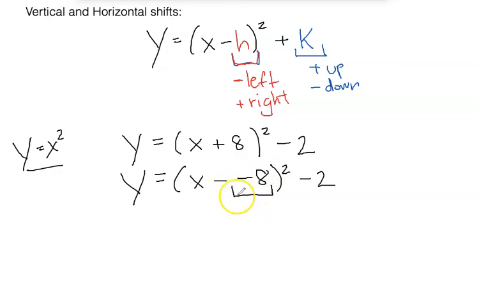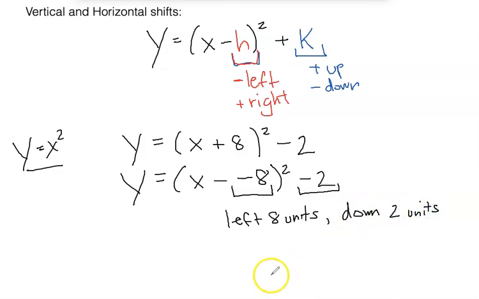Because it's negative, that tells us we are going to go left 8 units. And this -2 tells us that we're also going down 2 units. And that is how we can identify vertical and horizontal shifts from vertex form.